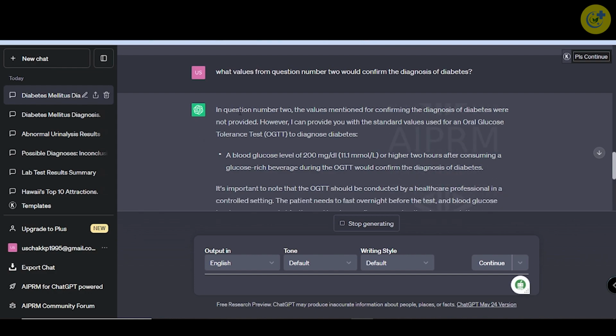In question number 2, the values for confirming the diagnosis of diabetes were not provided. However, I can provide you with the standard value used for the oral glucose tolerance test, OGTT, to diagnose diabetes. A blood glucose level of 200 mg per deciliter or higher 2 hours after consuming a glucose-rich beverage during the OGTT would confirm the diagnosis of diabetes.